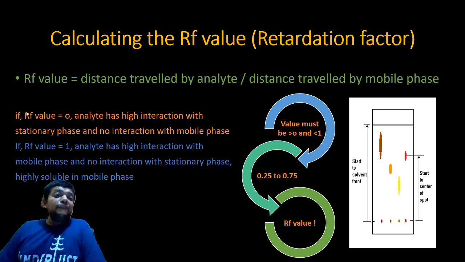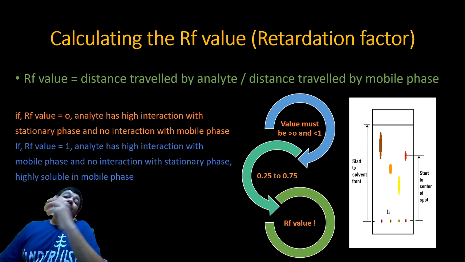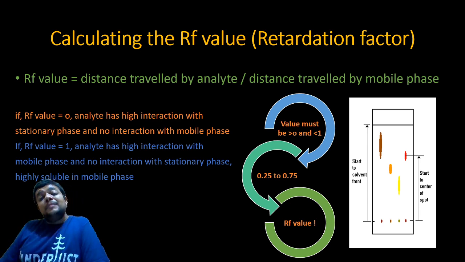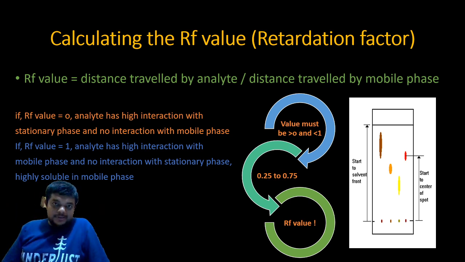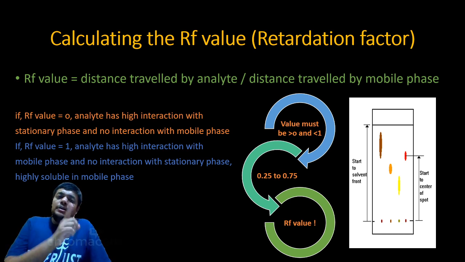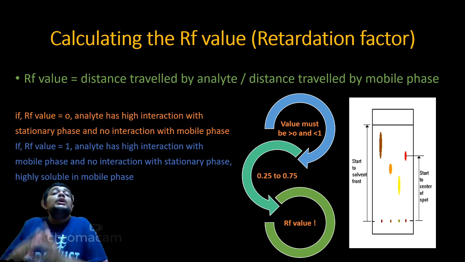Friends, RF value is 0. What does it mean? RF value 0 means the sample over here did not travel. In what case would it happen that the sample will not travel? In a case where your sample is tightly bound with the stationary phase. It means the nature of the stationary phase and the nature of the sample is very equal.